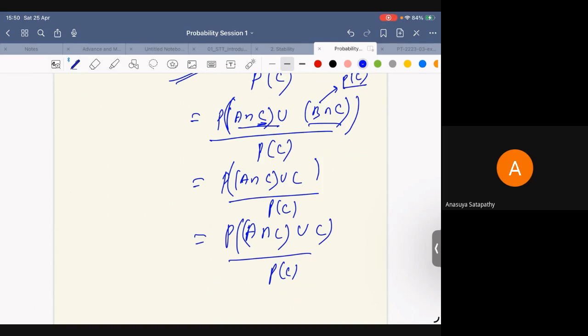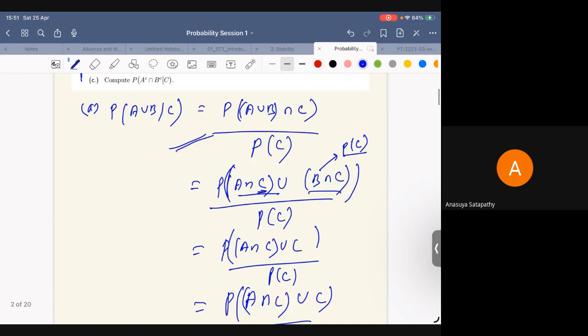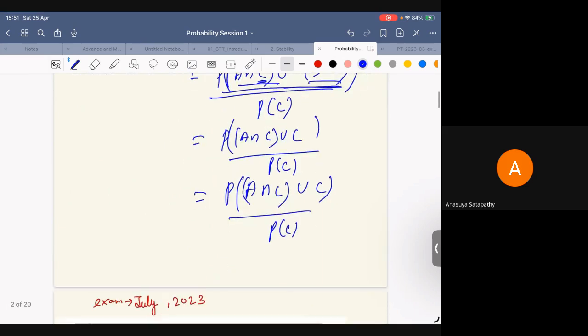Okay, we have to think how to use this formula. I think we cannot approach it like this, A union A intersection C. We have to open it.